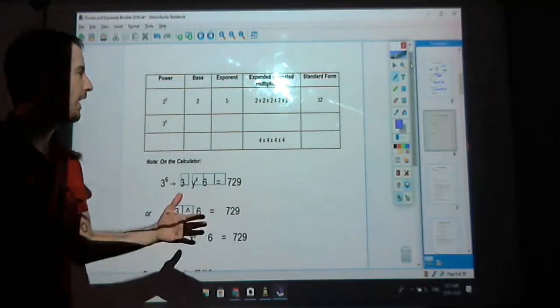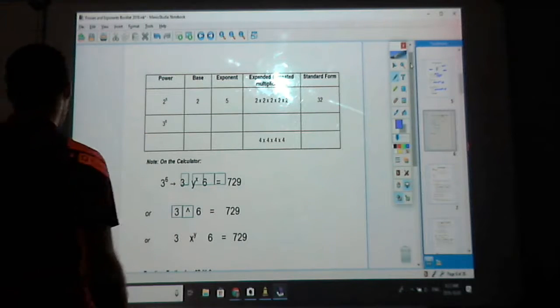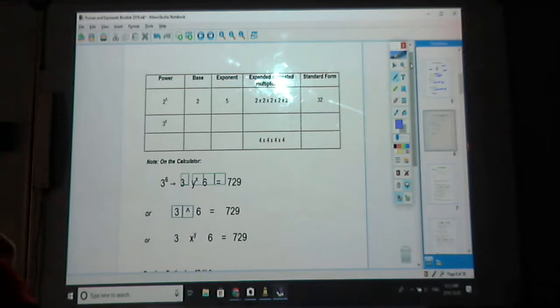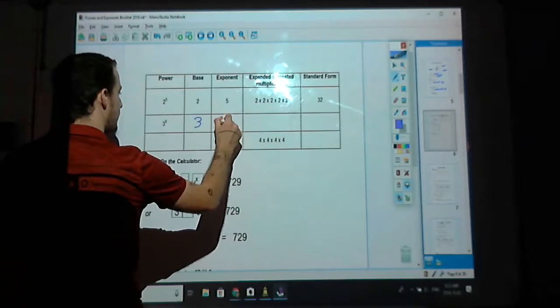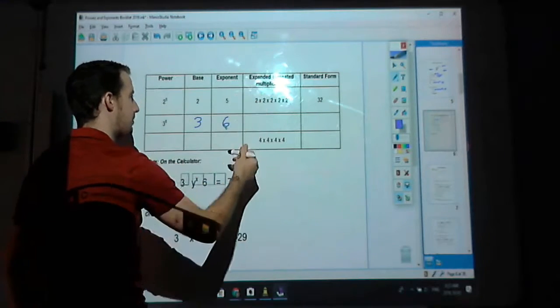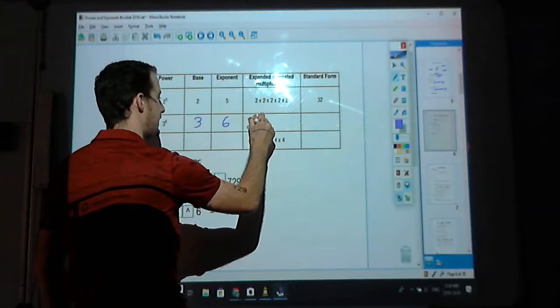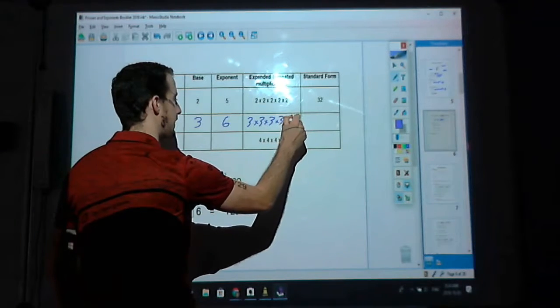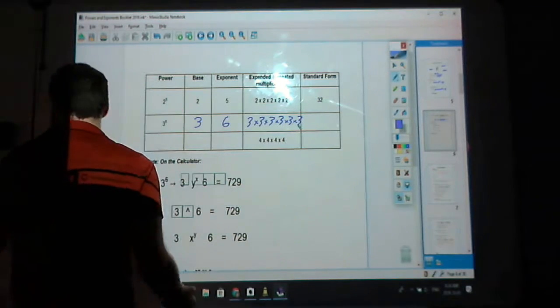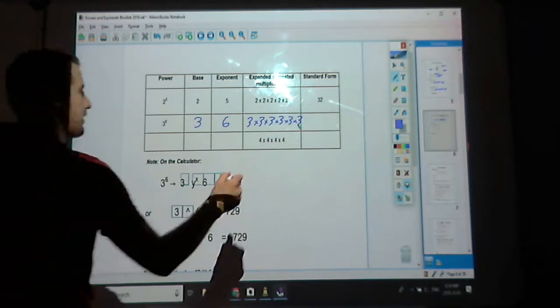In the end, our answer is 32. Over here, we have 3 to the power of 6, so the base is 3 and the exponent is 6. We can write it in expanded form as 3 times 3 times 3 times 3 times 3 times 3, right? And if you punch that into your calculator, you end up with 729.